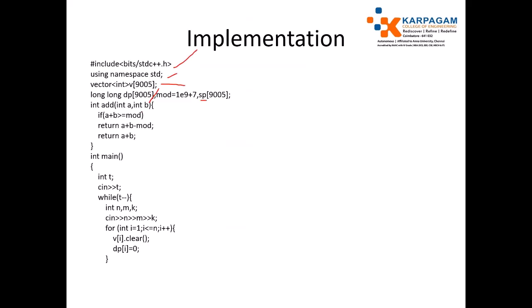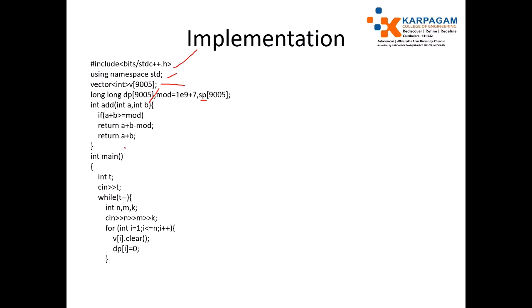And for applying modulo to large values, we use an add function that accepts two arguments. If a plus b is greater than or equal to mod, just return a plus b minus mod. Otherwise, simply return a plus b.